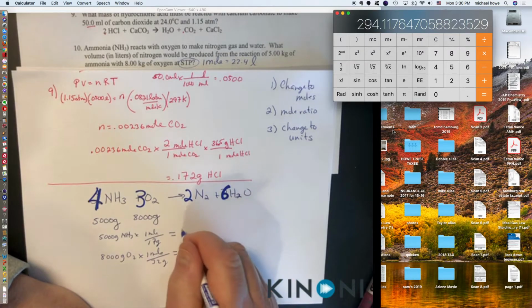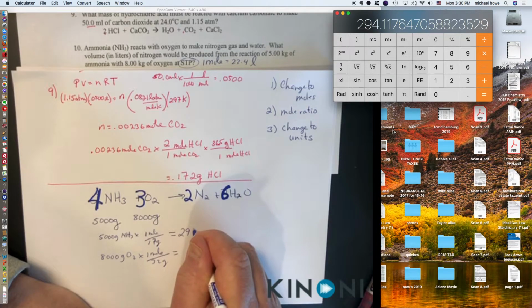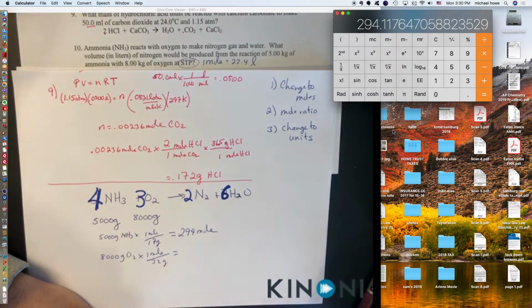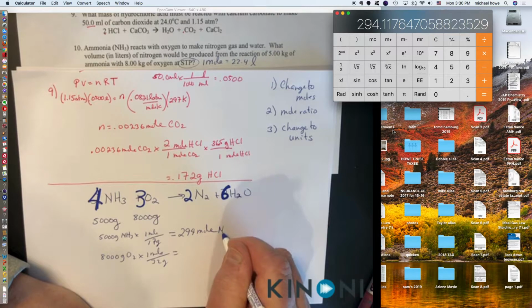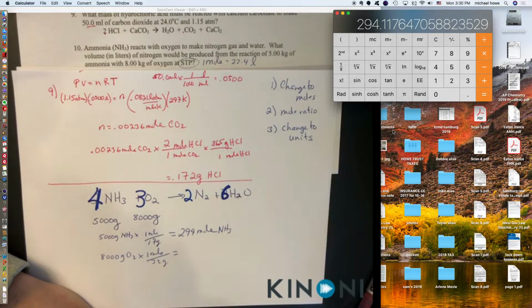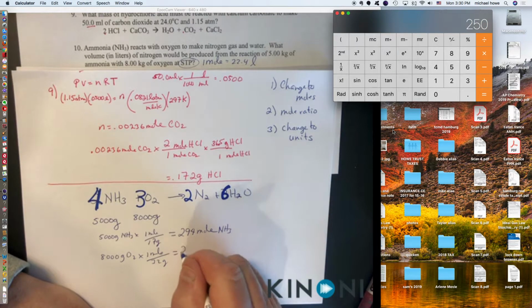I'll just leave it as 3 sig figs. 294 moles of NH3, sorry. And 8,000 divided by 32, 250 moles.